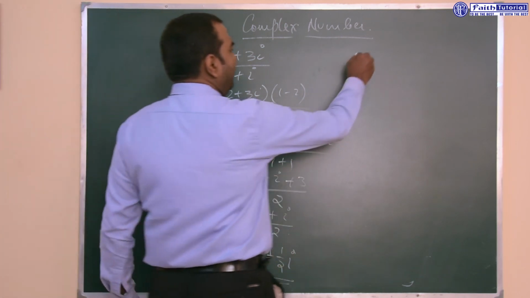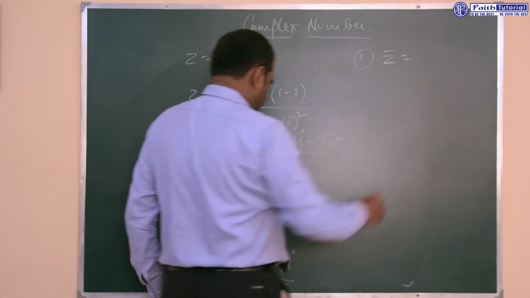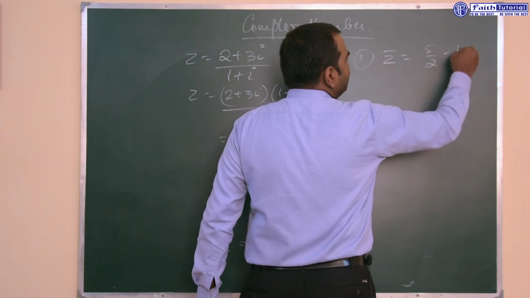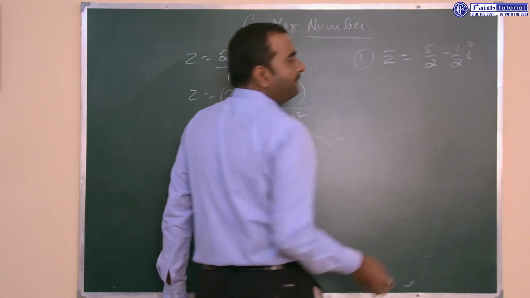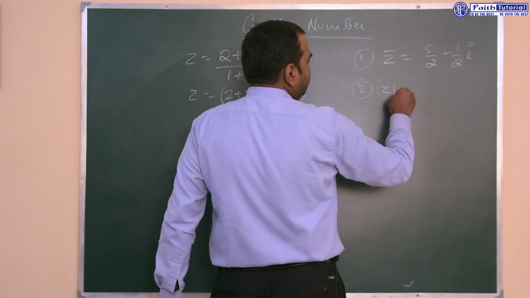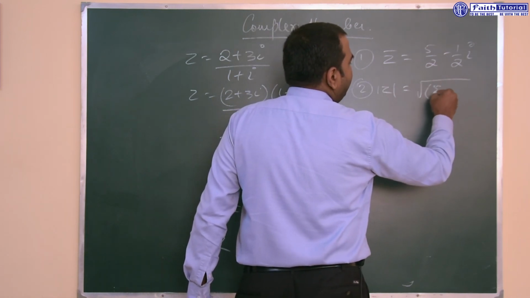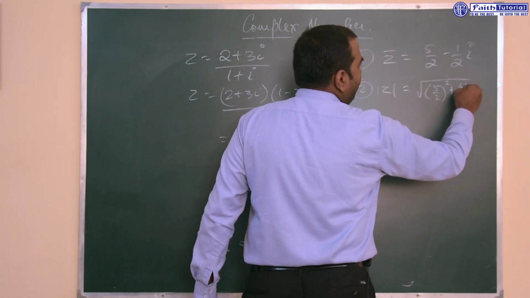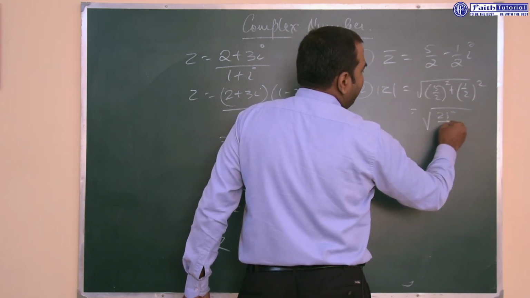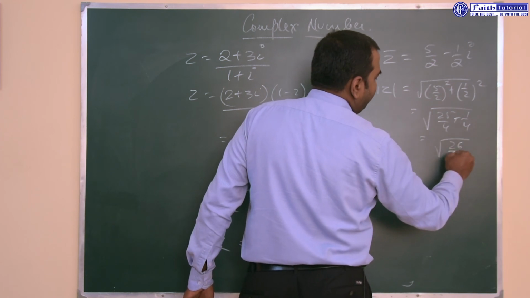Now, number 1, the conjugate z bar is 5 by 2 minus 1 by 2i. Number 2, the modulus is root under 5 by 2 whole square plus 1 by 2 whole square, that's root under 25 by 4 plus 1 by 4, that's root under 26 by 4.